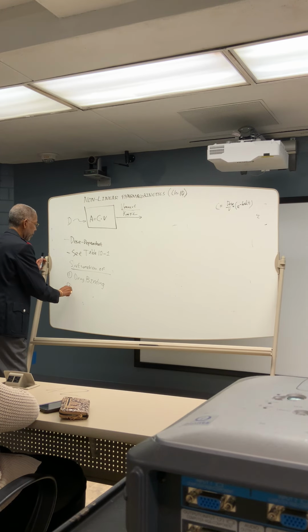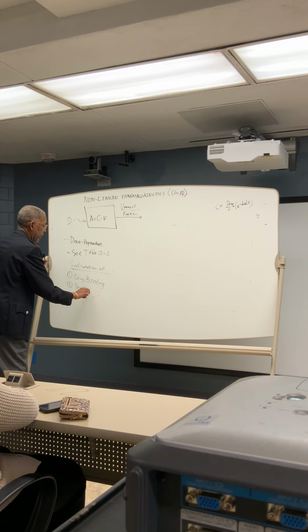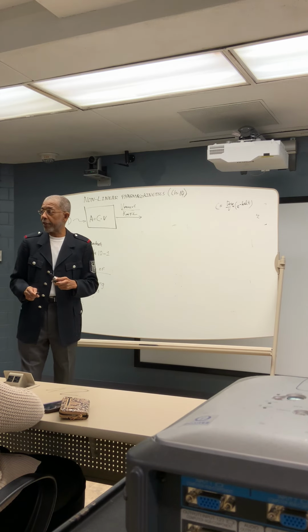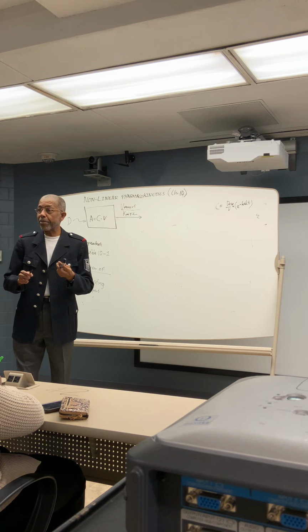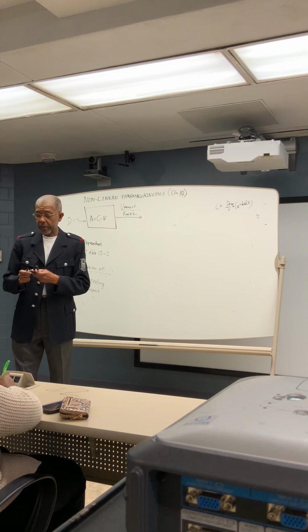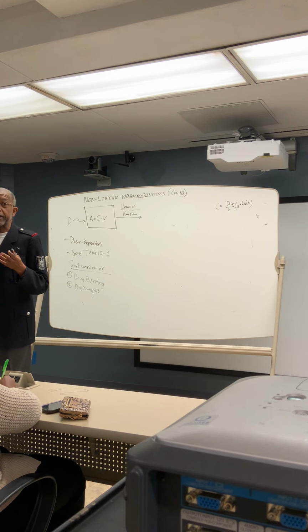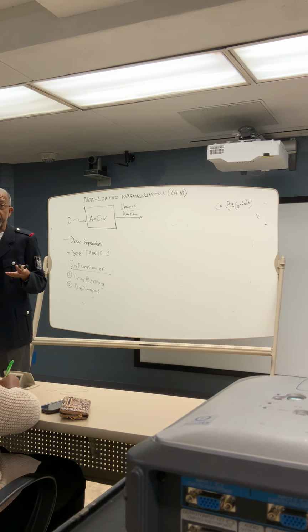Another common cause is saturation of drug transport. Remember earlier in the semester we talked about passive diffusion and active transport. Passive processes don't become saturated. But processes that proceed by facilitated diffusion and active transport can become saturated.